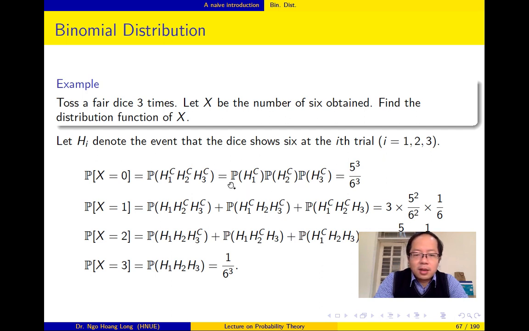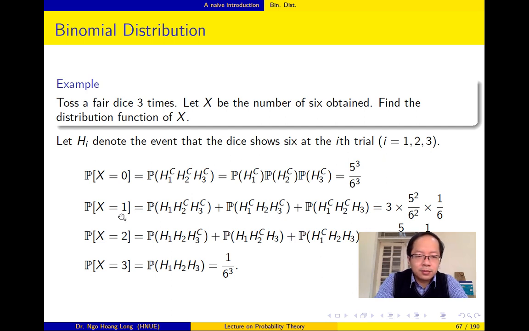And now, what is the probability of the complement of H1? Okay, it's 5 over 6, right? This one also 5 over 6. This one also 5 over 6. So we have 3 factors of 5 over 6 multiplied together, and we have 5 cubed over 6 cubed.